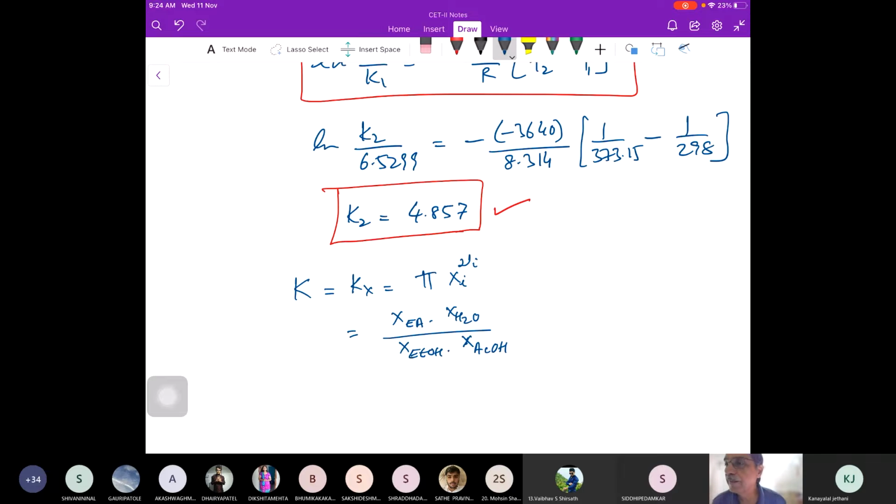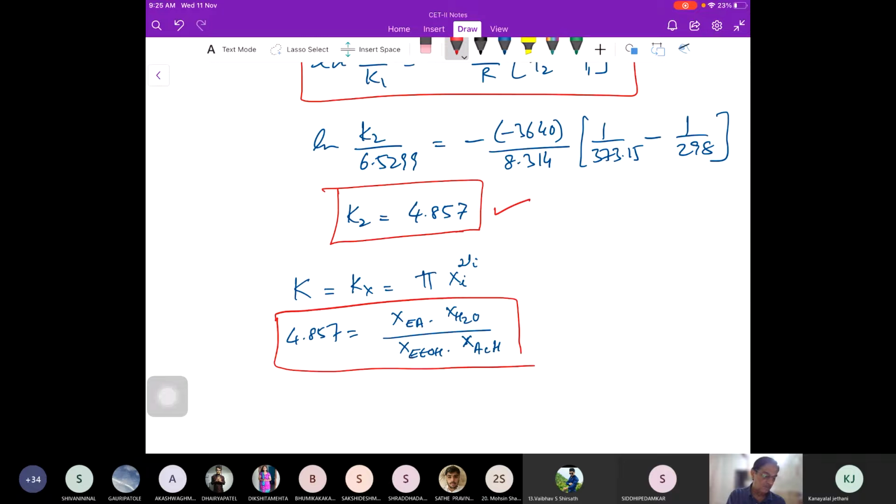Acetic acid is ACH, sorry, not HOH, ethanol is EtOH, I have put ethyl acetate, and water. And this we know is equal to 4.857. So what we need to do is find X in terms of epsilon now.